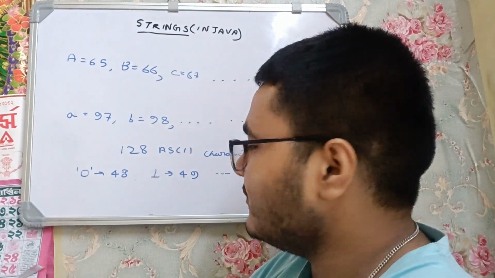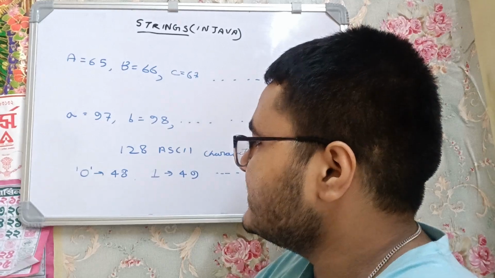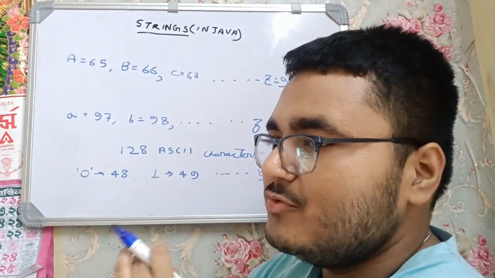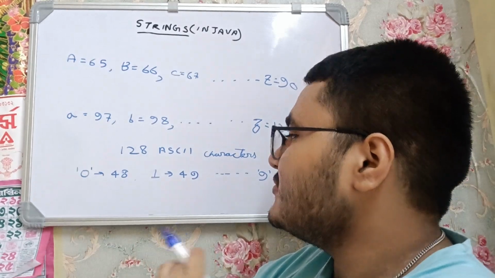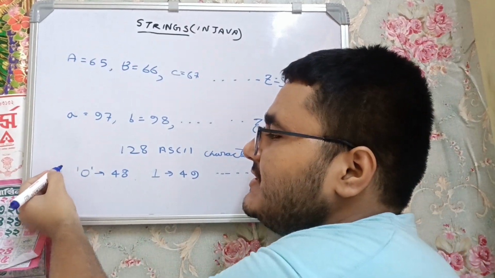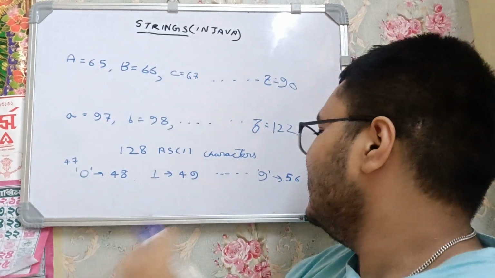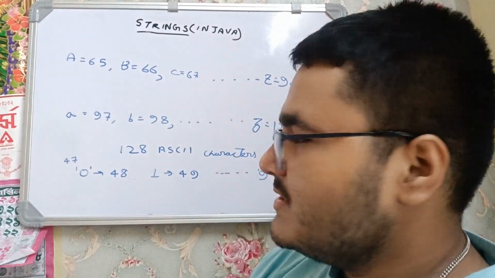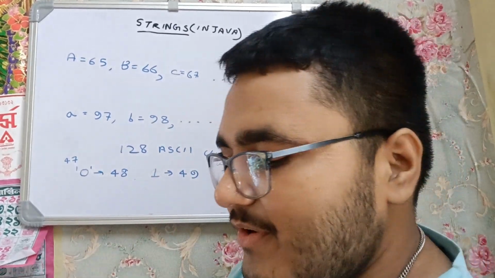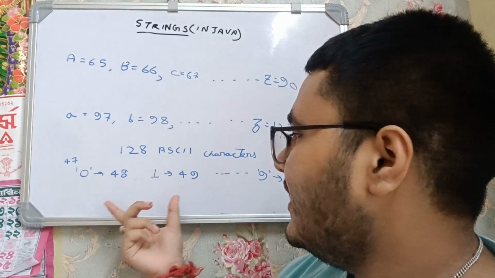Let me see the calculation. From 0 I have started, so 0 is 48, 1 will be 49, 2 is 50, 3 is 51, and so on. Before this we have 47, and we are writing 10 here, so it can be 57. Okay, it is 57. So from 48 to 57 we have our ASCII values for numbers.